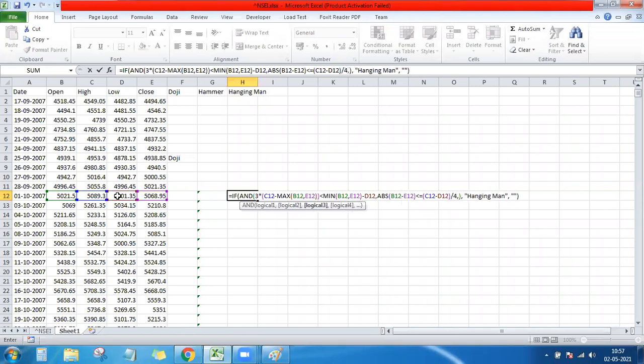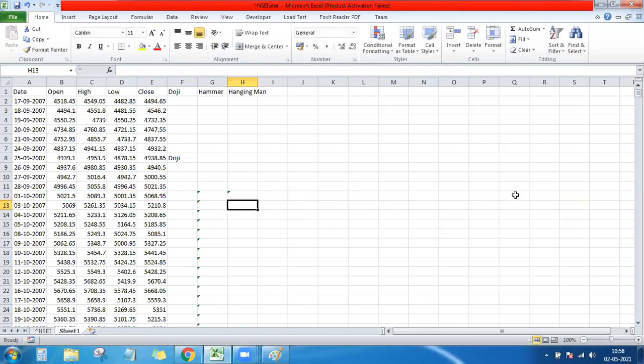Then the current high should be greater than or equal to maximum of all the previous highs. So if these conditions are true, you will print hanging man, otherwise nothing.